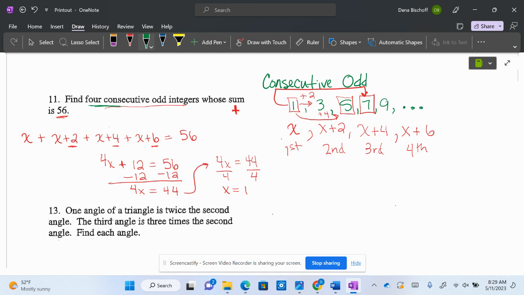So my first number, x, is 11. My next number, x plus 2, is 13. 11 plus 4 is 15. And my last number, 11 plus 6, is 17.